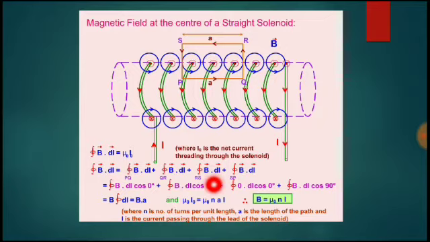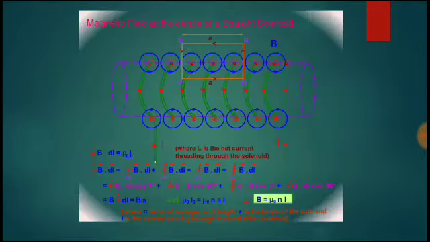So mu naught, N, this a and I. N is the number of turns per unit length, a is the length of the path, and I is the current passing through the wire of the solenoid. So finally from this equation we get mu naught N a I. So this is the magnetic field at the center of the solenoid, right?